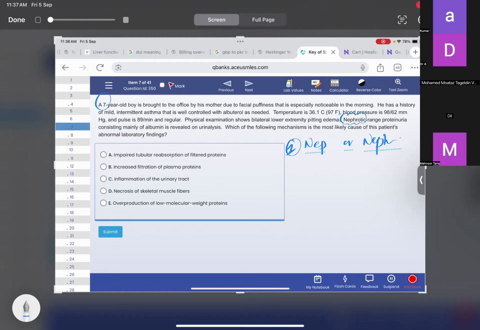The other important point over here is that the most common cause of nephrotic syndrome in children is minimal change. If we have 100 children with nephrotic syndrome, almost 90 will be because of minimal change.